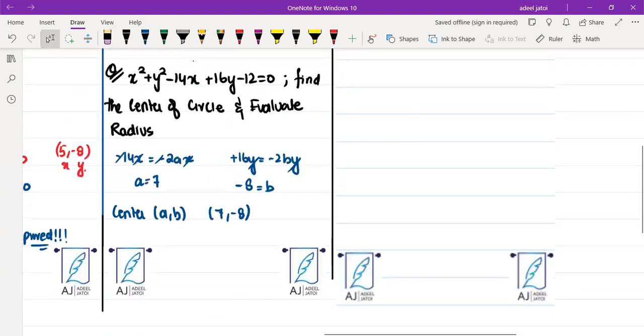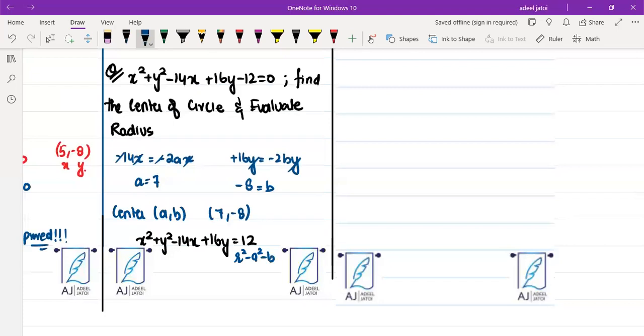So this thing can be written as x² + y² - 14x + 16y is equal to 12. And for this, r² - a² - b² is known as what? 12.